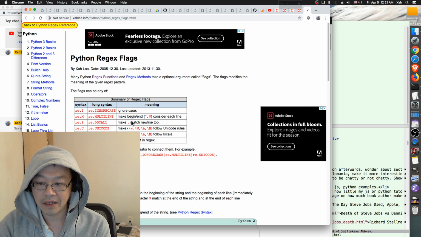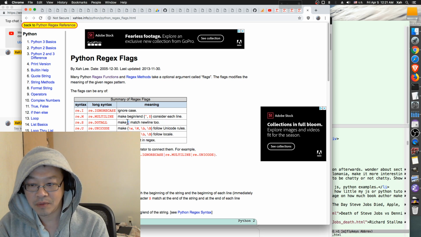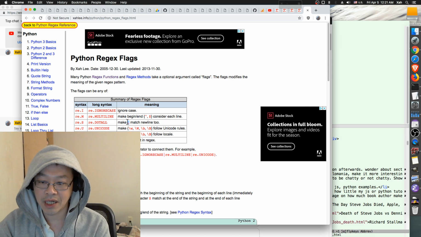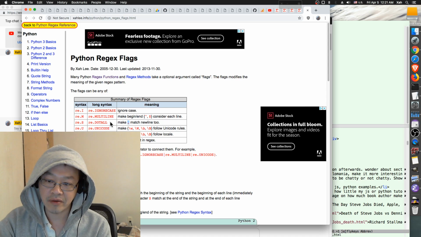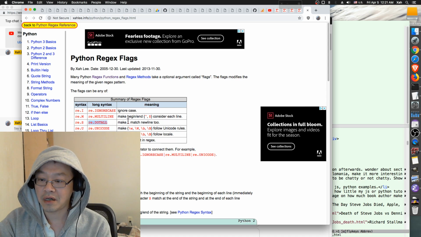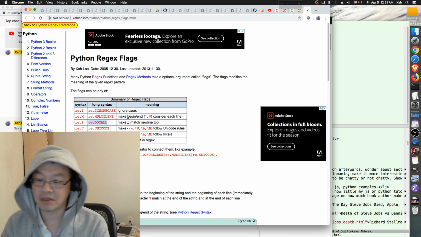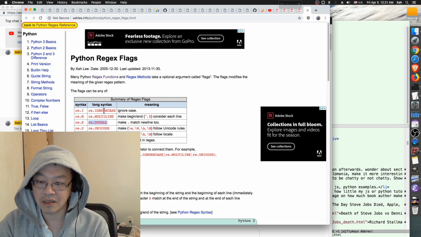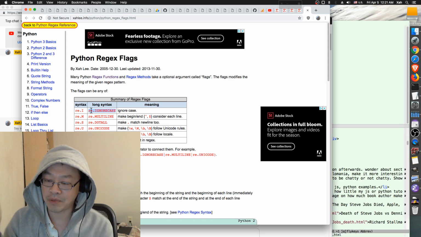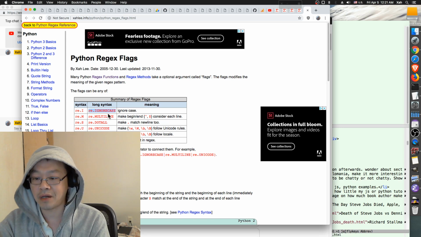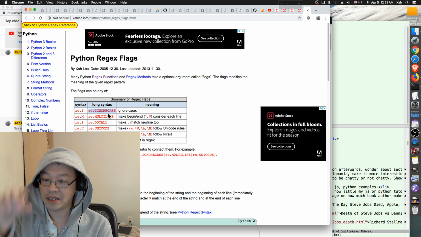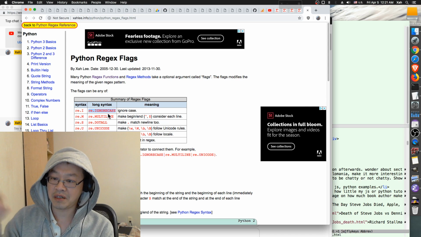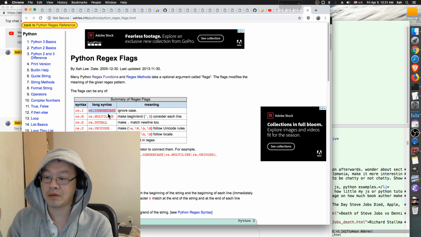For example, a dot in regular expression will match any character, but normally except the newline character. The dot will not match the newline character. However, if you give this option, the dot will match the newline character. So things like that. Ignore case is the simplest to understand. So you have an option for ignore case. So anyway, you see that regular expressions have all these kinds of options you can control, whether you want to ignore case or multi-line and stuff.